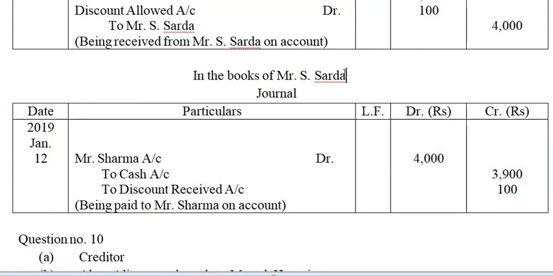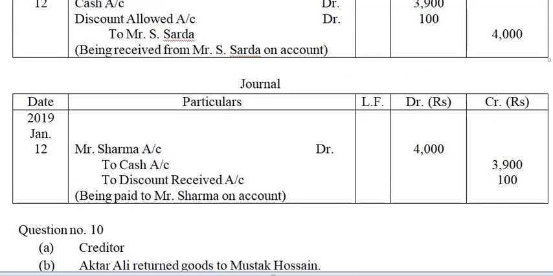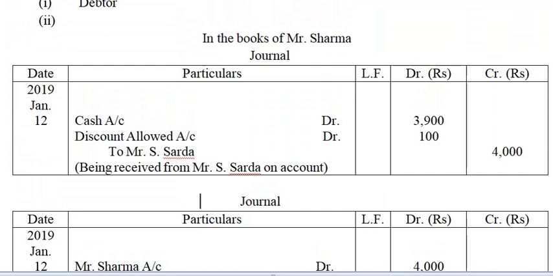So let us make the correction in the books of Mr. Sharma. No need to write this because we are preparing in the books of Mr. Sharma. So let us just delete this section. Okay, so this is journal. Okay. I made a mistake.